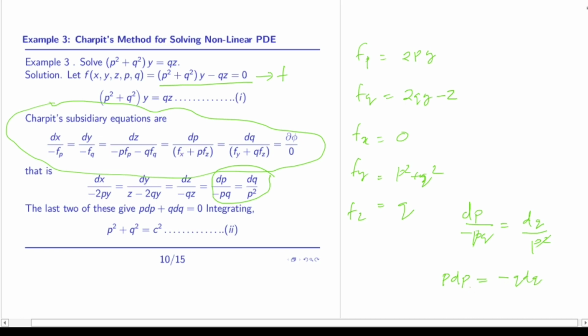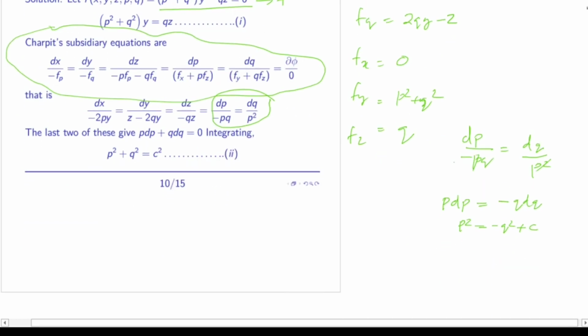Otherwise you can integrate this directly to form p square equal to minus q square plus some constant, or you can say p square plus q square equal to some constant, say c square.